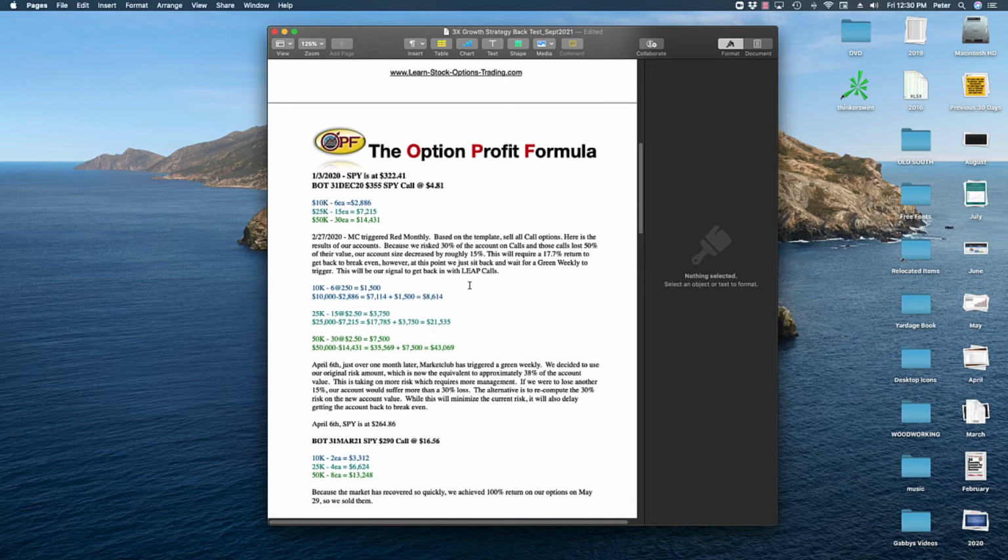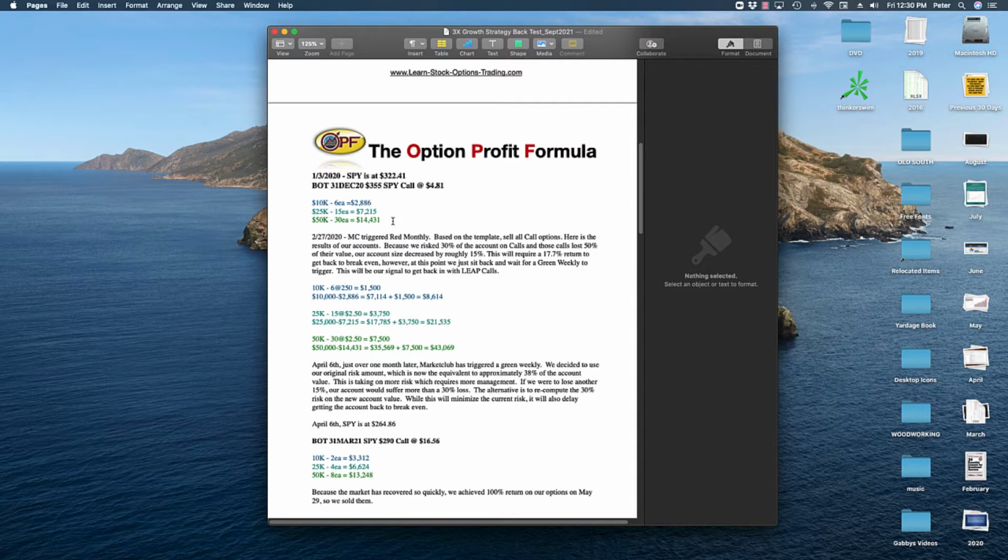So when I started this backtesting strategy, I started it on the very first trading date of 2020, which happened to be January 3rd. And I modeled 3 different accounts, a 10, 25, and 50K account. And what I use here is MarketClub. So many of you that have watched my videos before know how I feel about MarketClub. MarketClub is like a staple in how we teach our students.